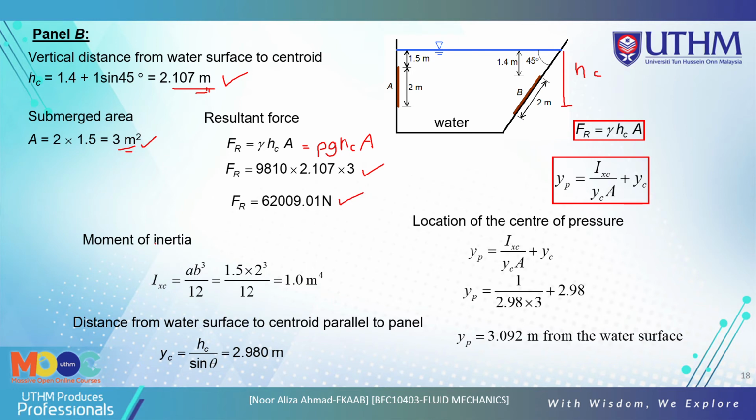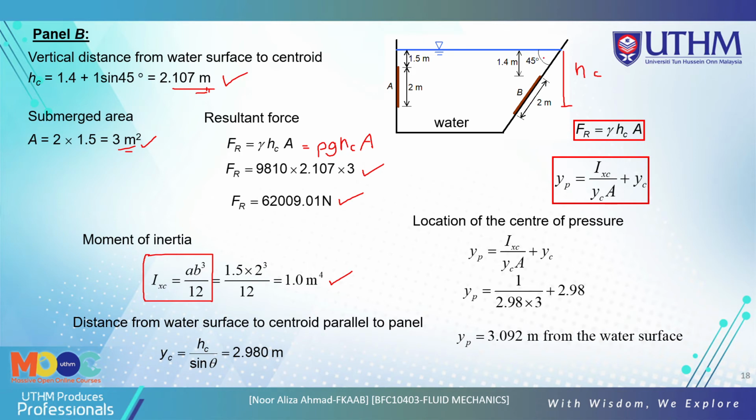The moment of inertia is also for a rectangle, so use a b to the power of 3 divided by 12, so you get the value of 1 meter to the power of 4. For the distance from the water surface to the centroid parallel to the panel, you must find YC, because this surface is inclined.